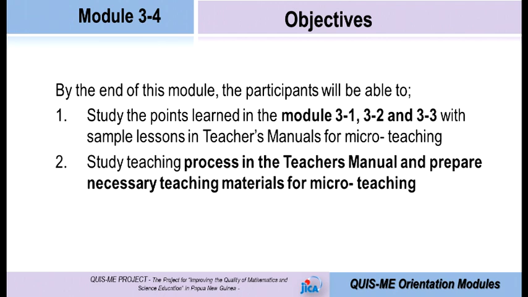Study the points learned in the module 3-1, 3-2, and 3-3 with sample lessons in teacher's manuals for micro-teaching. 2. Study teaching process in the teacher's manual and prepare necessary teaching materials for micro-teaching.